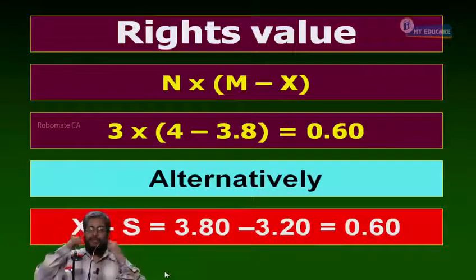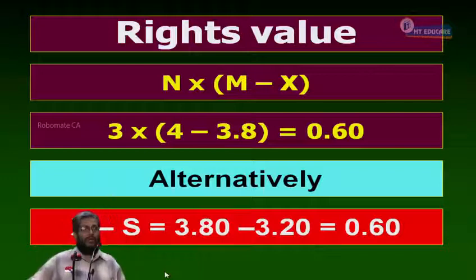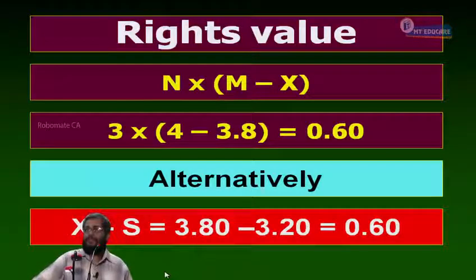Write down notes. Point number 1. Understanding X rights price. Underline that. Below that, existing wealth.